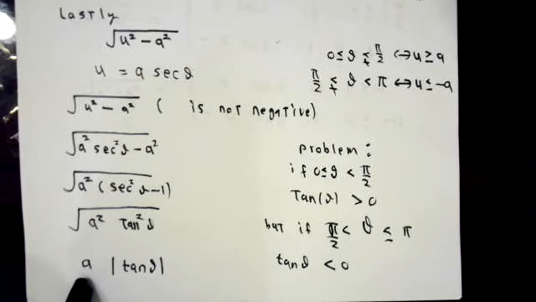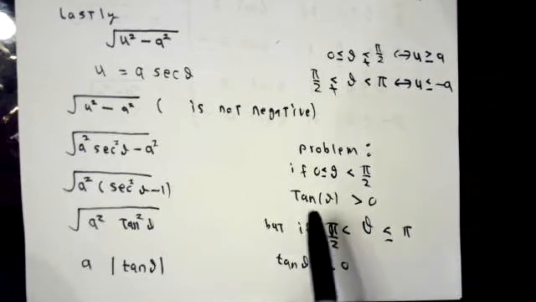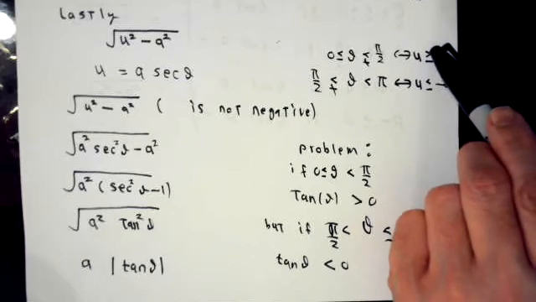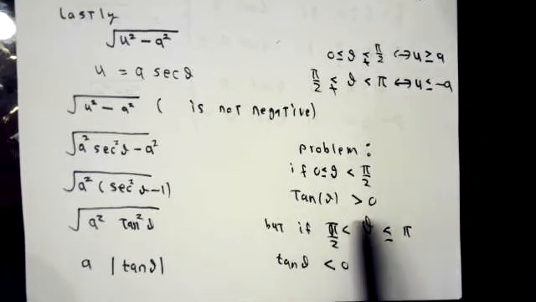Radical a squared is a, and radical of the square of tangent theta is the absolute value of tangent theta. And now we have an actual problem. If you're in this first part where the u is bigger than or equal to a, then tangent of theta is positive.